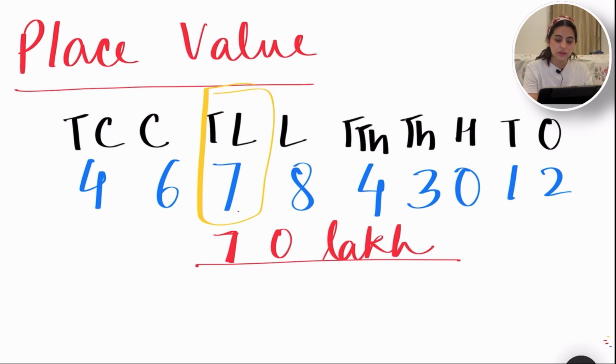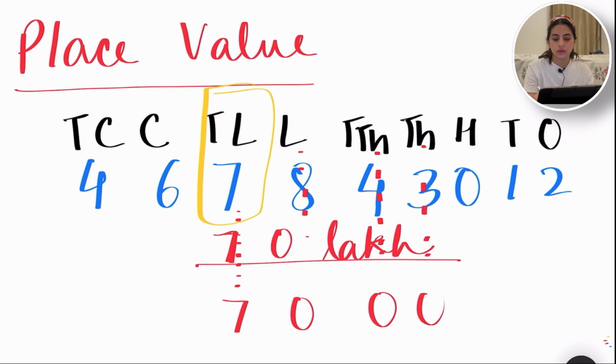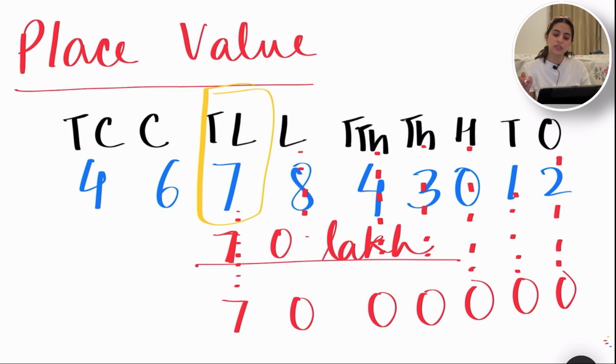Just see where the number 7 is here. For the rest of the places, under lakh, you put a 0. Under 10,000, you put a 0, 0, 0, 0, 0. So, for each of these places, you put a 0. And that becomes, again, like we have written already, 70 lakh.